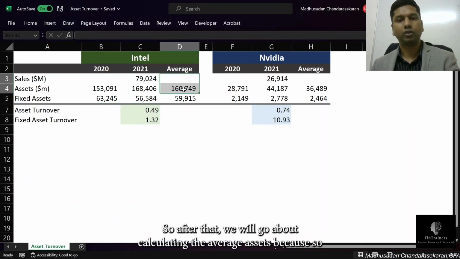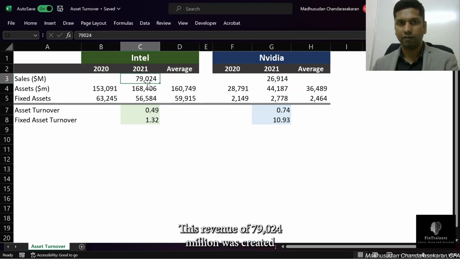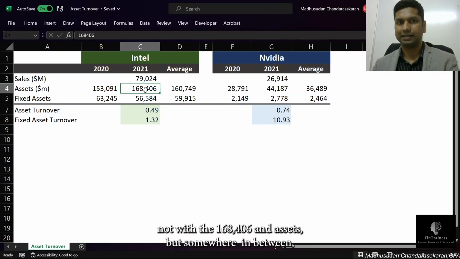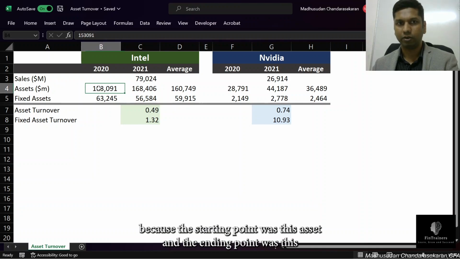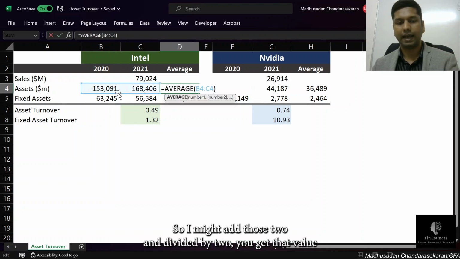After that, we'll go about calculating the average assets, because these are point in time balance sheet values of assets. This revenue of 79,024 million was created not with 168,000 in assets, but somewhere in between, because the starting point was this asset and the ending point was this. So we are taking an average. We add those two and divide it by 2.